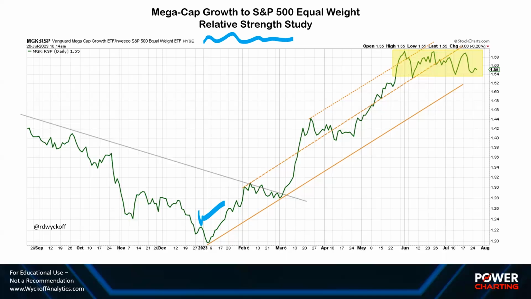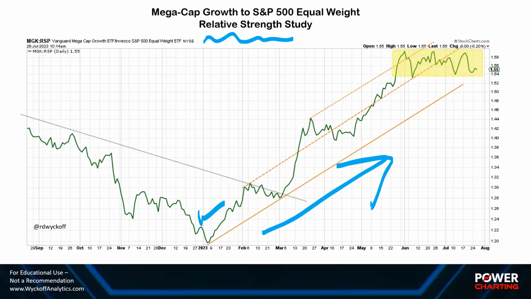And you can see here this relative strength line, by its directionality going northward, has demonstrated that the mega cap growth names have been dominant. They've been leading the way. They have been outperforming.